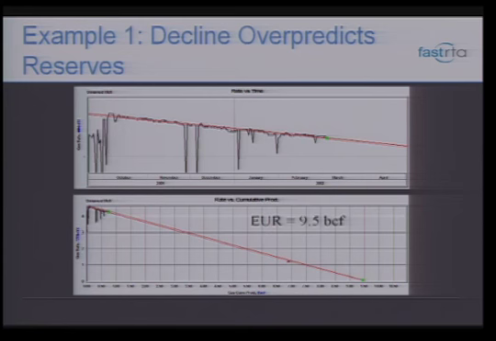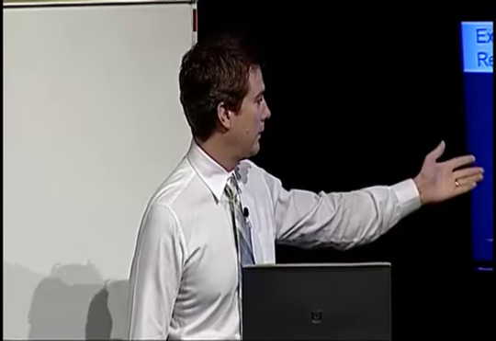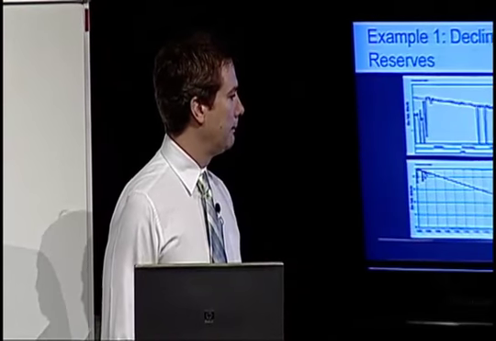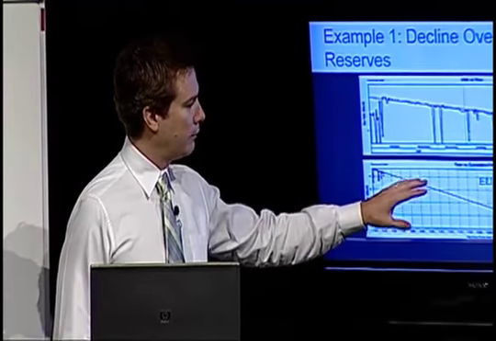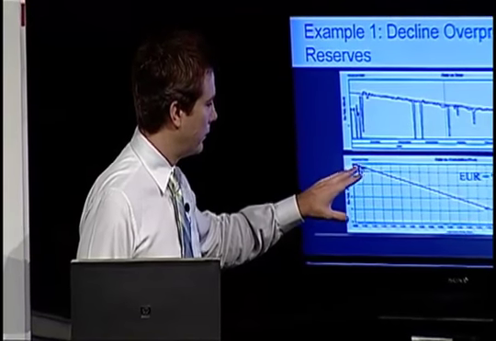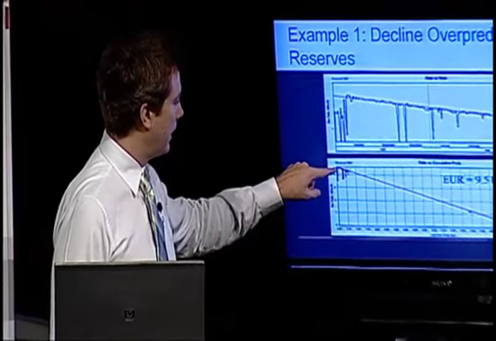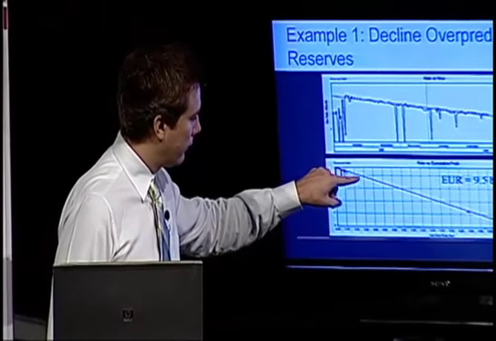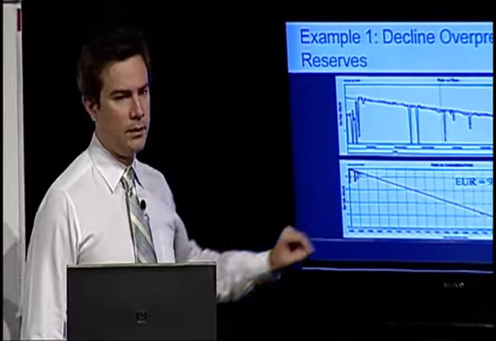If you were just to take a quick look at these two pictures, I think most people would agree that it shows a fairly nice semi-log straight line and would suggest that we have an exponential decline in this data set. This is the same data set. One thing that is a little bit of a red flag, and most experienced reserves evaluators would key in on this, is that we have a limited amount of production and we're forecasting a long way, which is usually a bit of a no-no.